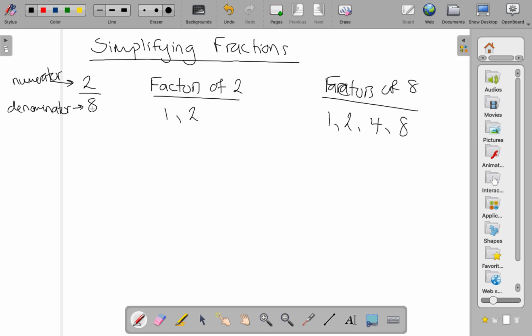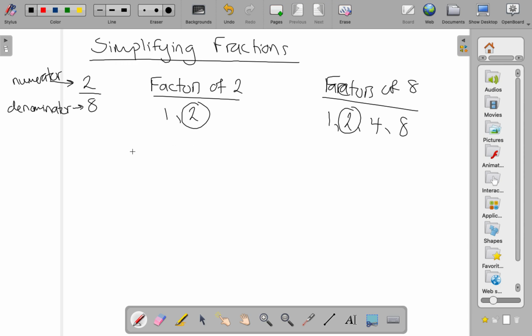So 8 goes into 8 once, 4 goes into 8 twice, 2 goes into 8 4 times, and 1 goes into 8 8 times. Then we find the highest common factor. We look at both lists and find the highest number that is the same in each list. In this case it's a 2.